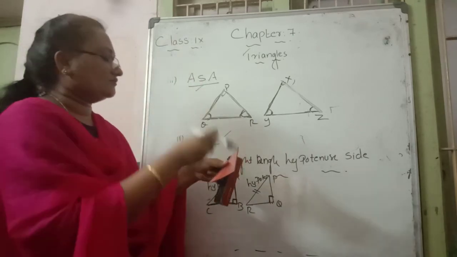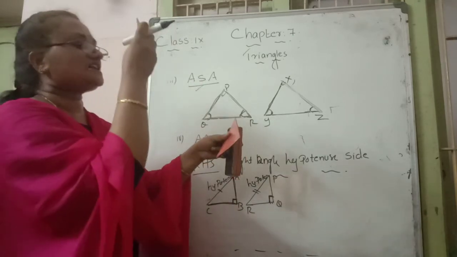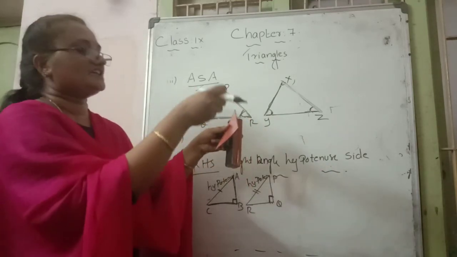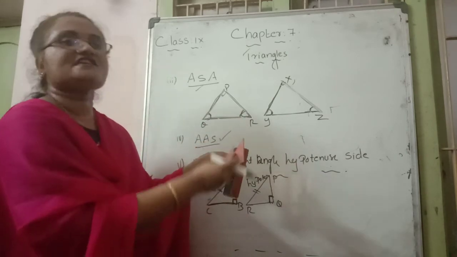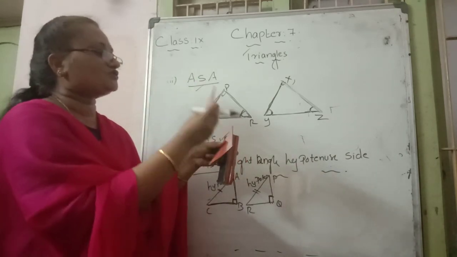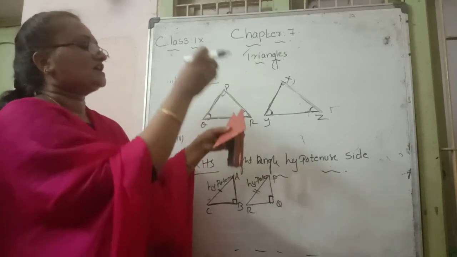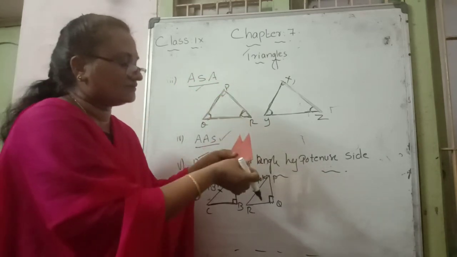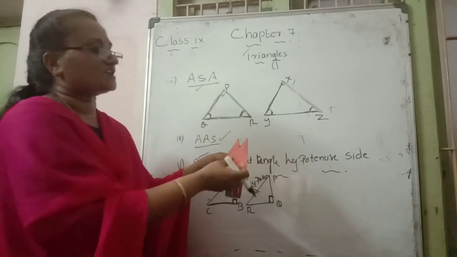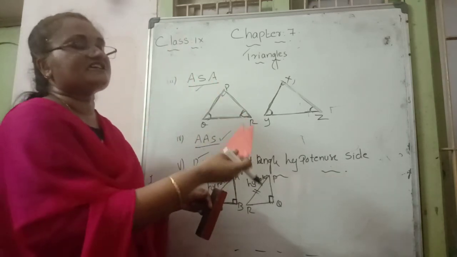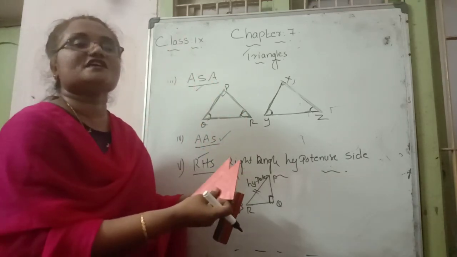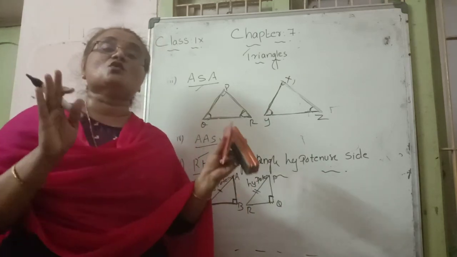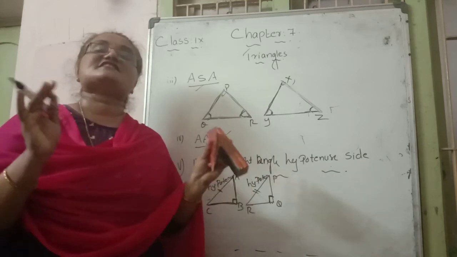So once again I repeat, if the right angle, hypotenuse and any one side of the first triangle are equal to the corresponding right angle, hypotenuse and side of the second triangle, then we can say they satisfy which property? RHS property. Using this property, we are going to solve exercise 7.1.